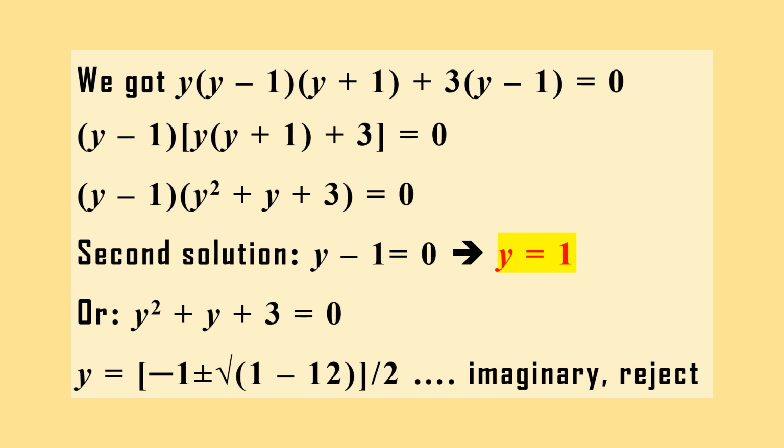So, the second solution is y minus 1 is equal to 0 or y is equal to 1. The remaining factor gives y square plus y plus 3 is equal to 0. Using quadratic equation formula, we get imaginary values which we reject.